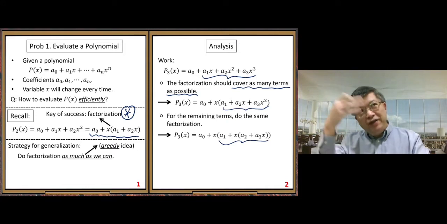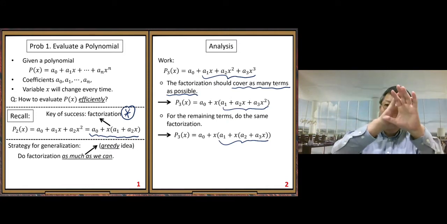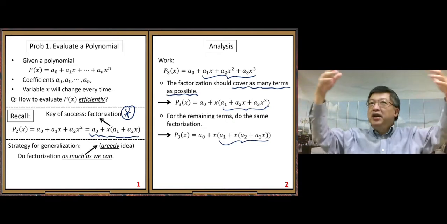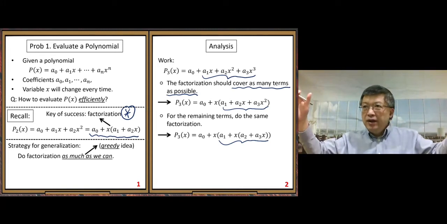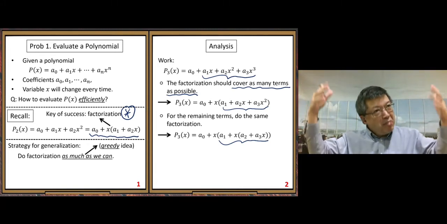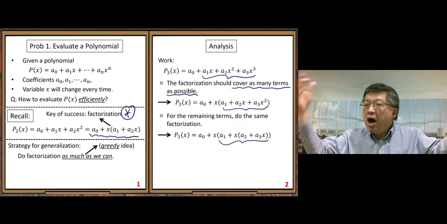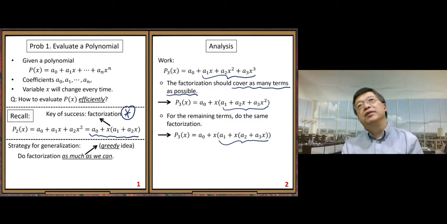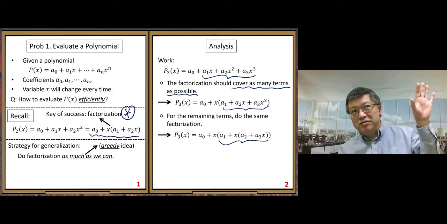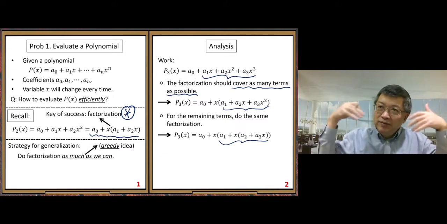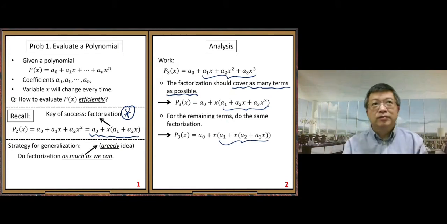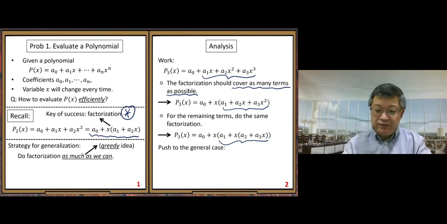Keep doing things. If we have a long polynomial, can we do this again and again from beginning to end to get as many factorizations as possible? The answer is yes. We can easily envision that, using our mental visualization. So finally, we can get this.